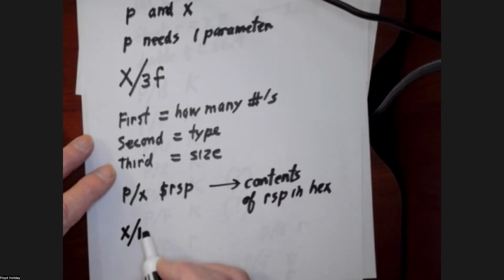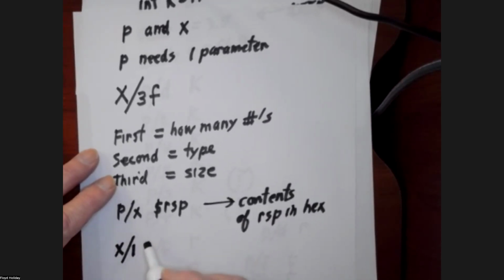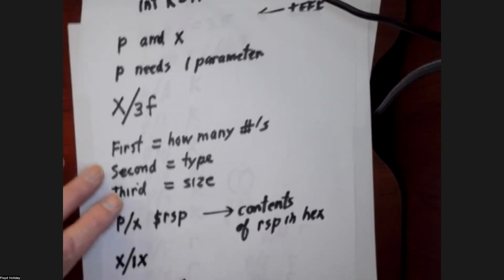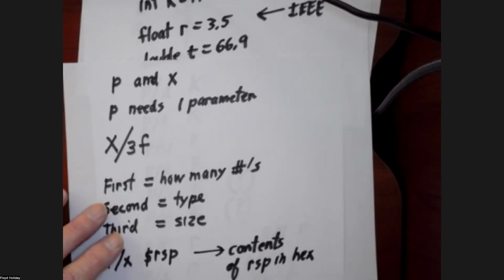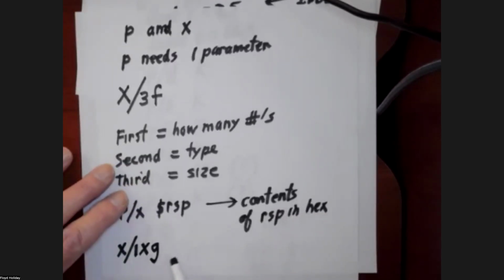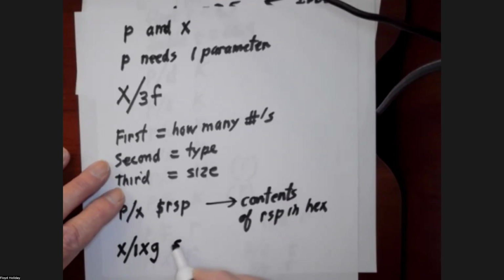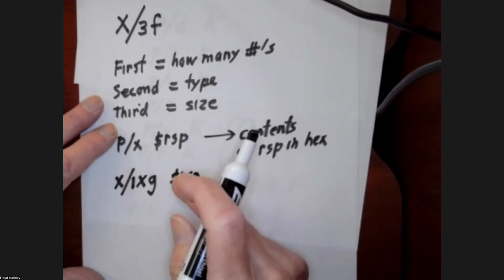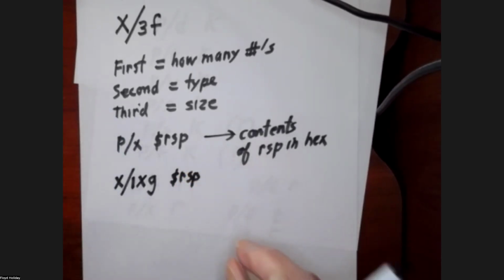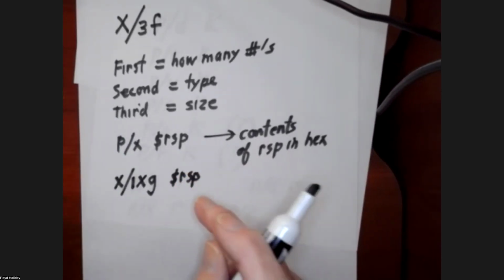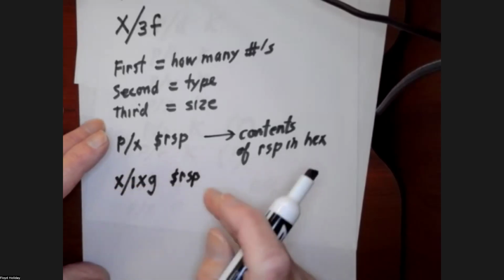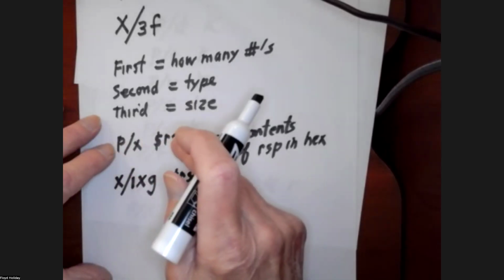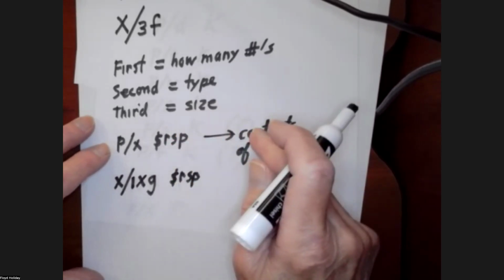But X/1, what should we use? X G $RSP. That outputs the top of stack. This one back here outputs the address of the top of stack.